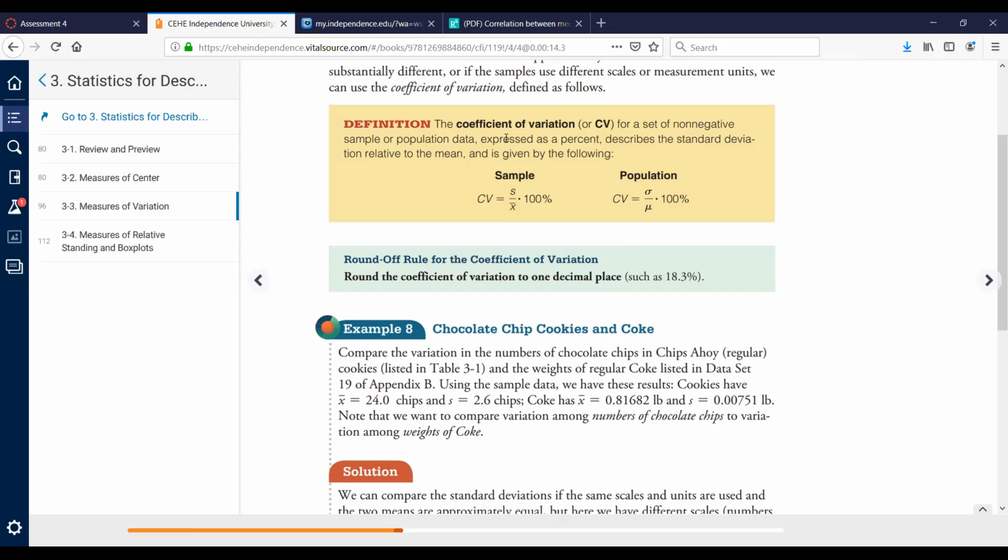For a population, again, it's the same thing, dividing the standard deviation of the population by the mean of that population.